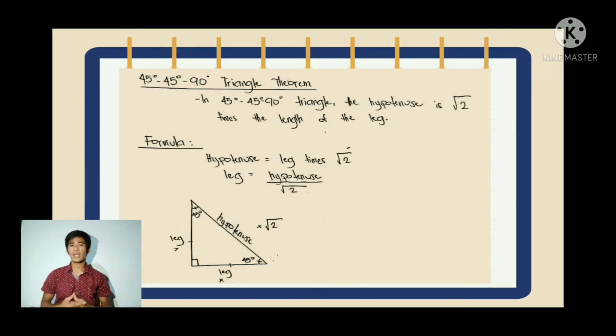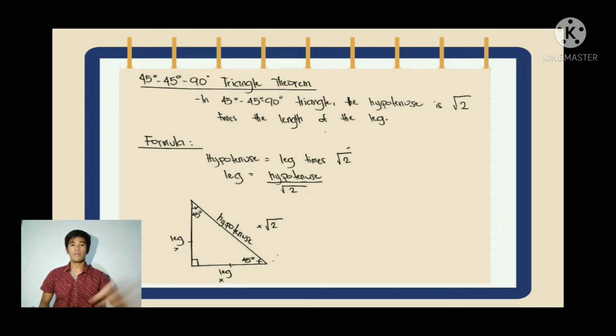So, remember, in getting the value of the hypotenuse, we will use the formula leg times square root of 2. If the unknown is the leg, we will use this formula: leg is equal to hypotenuse over square root of 2.